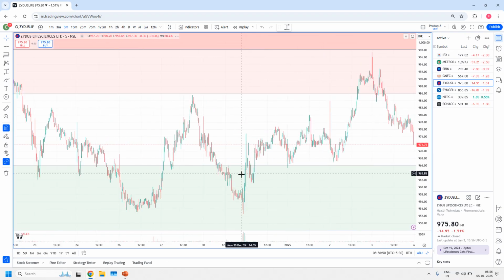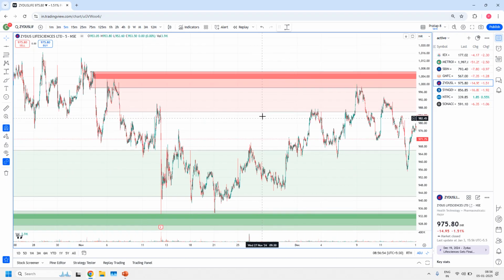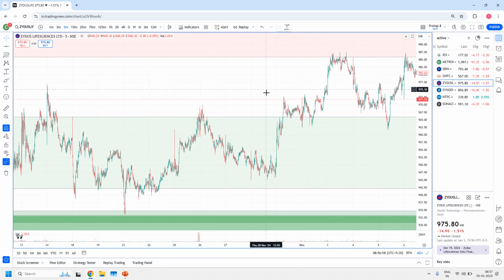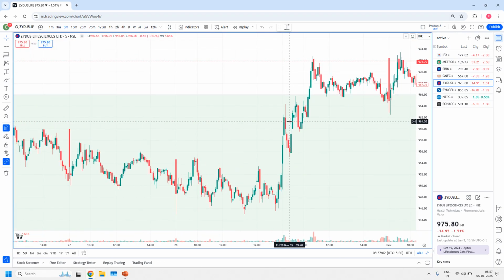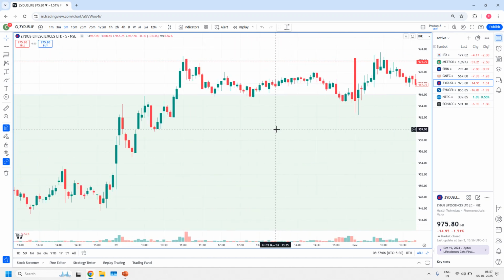I don't want to draw fine-tuned zones quickly because institutions are keeping very strong order flows. What I do, let me draw all the order flows as it is. Let me see what is happening.